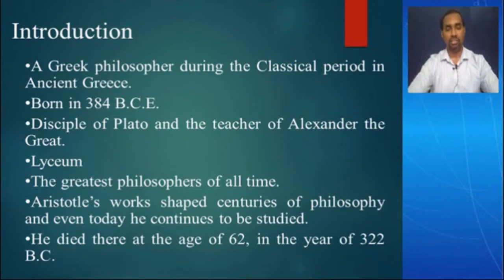The system followed in the Lyceum is that the master, along with their disciples, would walk and interact. It is based on this interaction that the teaching and learning happened. The Lyceum is the school of philosophy that worked according to the Aristotelian tradition.